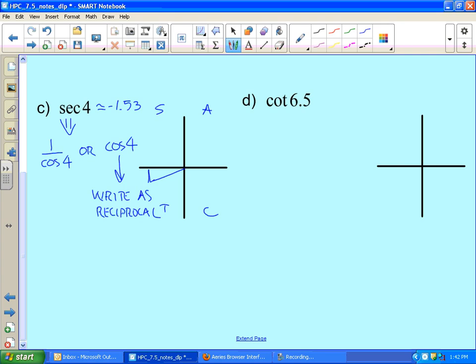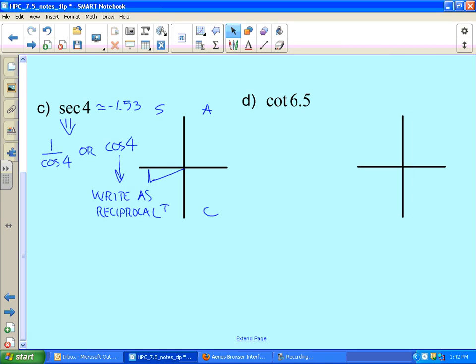All right, so we'll do it over here on this one. I ran out of room. So 0, pi over 2 is about 1.57.